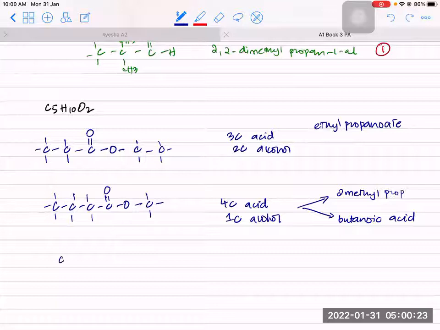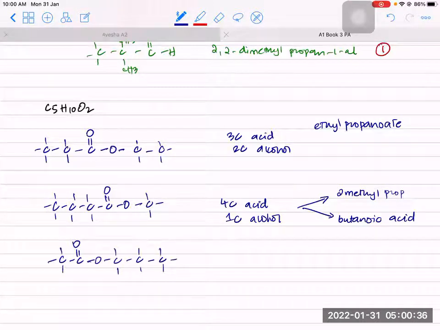Then you did 3 carbon, 4 carbon. Now let's do a 2 carbon acid and a 3 carbon alcohol. A 2-carbon acid will always be ethanoic acid.